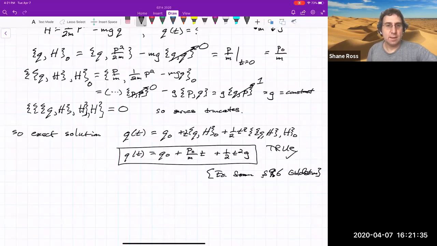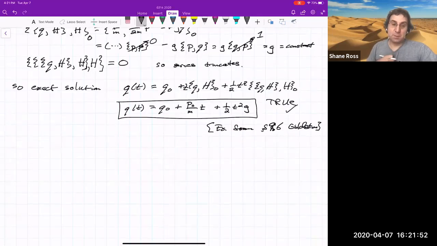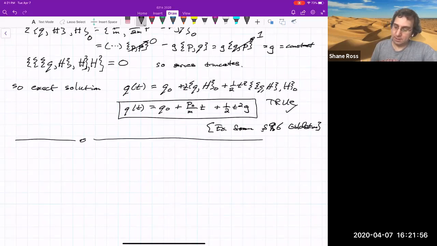All right, and there's a whole subtopic of Poisson bracket expansions that we just don't have time for, nor the patience, I might say. I mean, it's kind of interesting theoretical stuff.